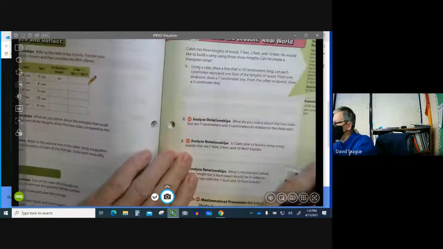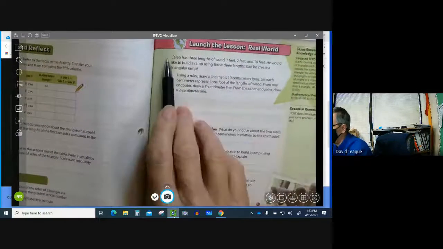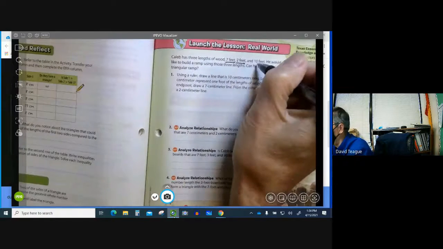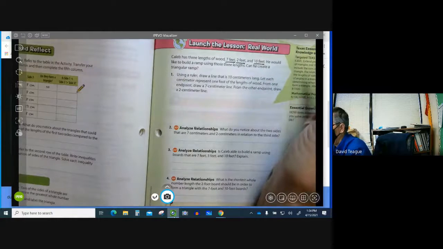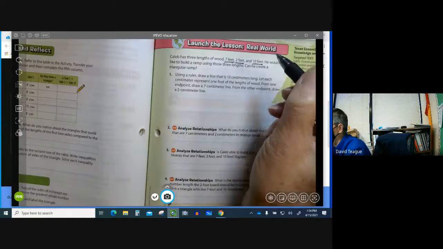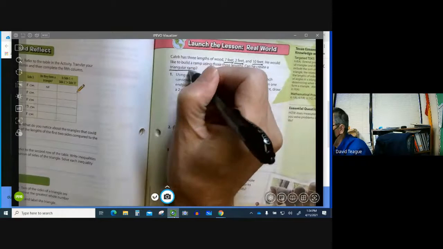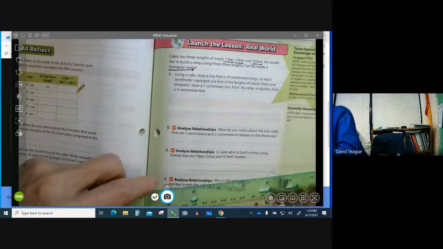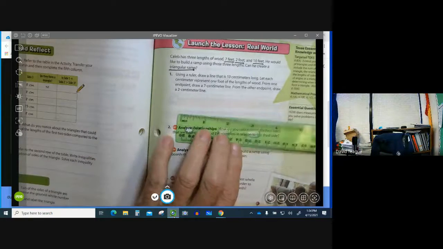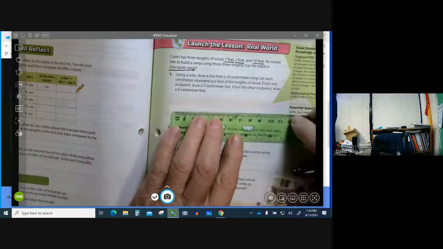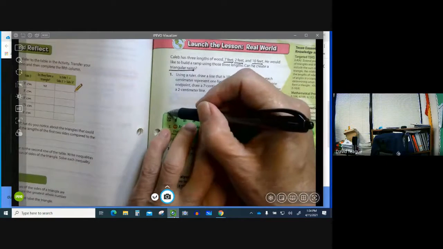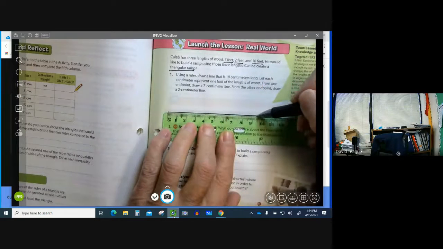So, triangle inequalities. Caleb has 3 lengths of wood: 7 feet, 2 feet, and 10 feet. He would like to build a ramp using those 3 lengths. Can he create a triangular ramp? It says using a ruler, draw a line that is 10 centimeters. So I take a ruler and go 10 centimeters.